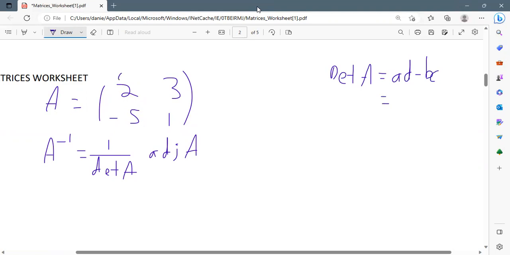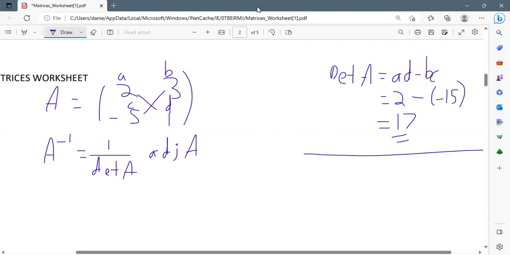We have a 2 by 2, so this will be a, this will be b, this will be c, and this will be d here. The first one is a times d, which in this case is 2, minus b times c, which is -5 times 3, so that'll be -15. The negative and the negative here will give you a plus. So you'll get 2 plus 15, that'll be 17. So that is the determinant here.